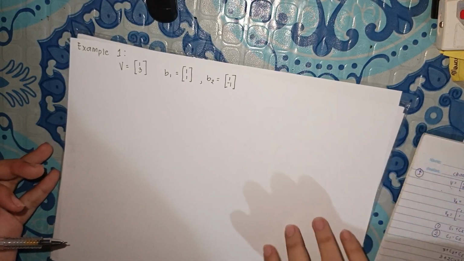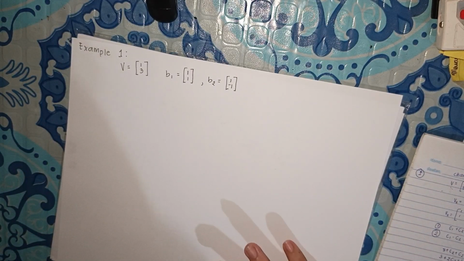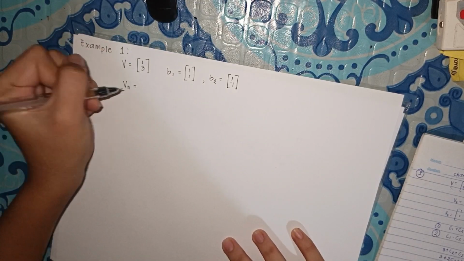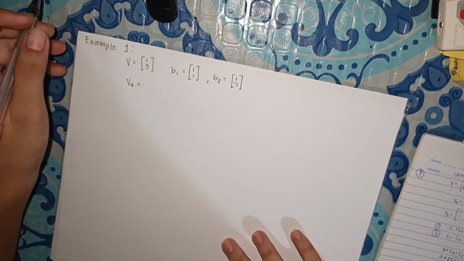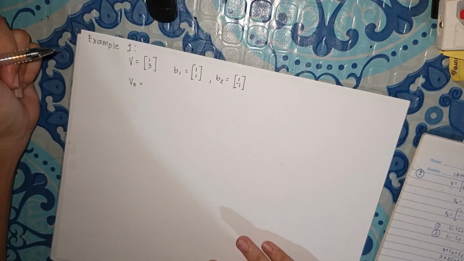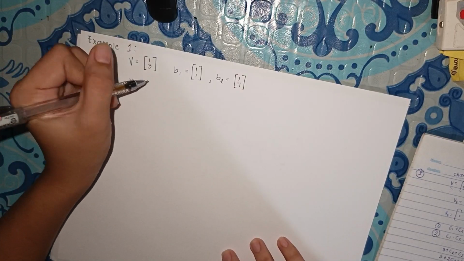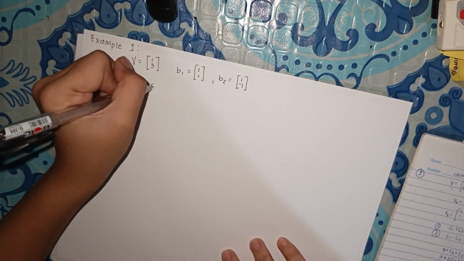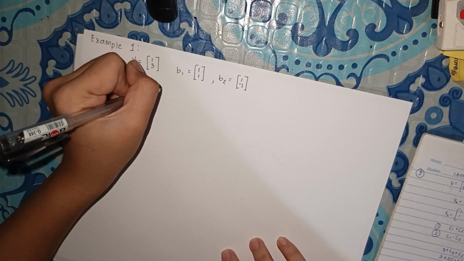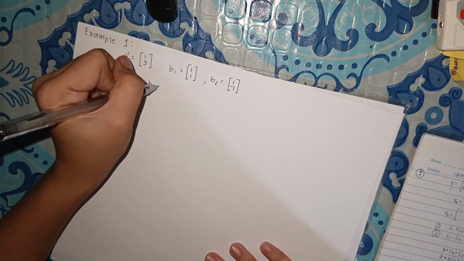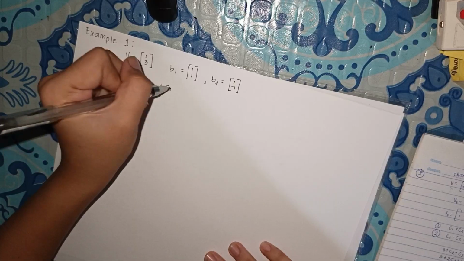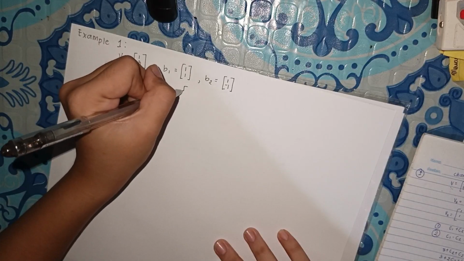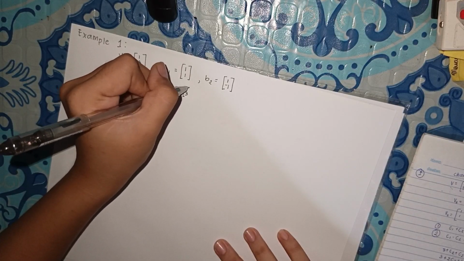Then, the first thing that we need to do to get the new vector is to combine basis 1 and basis 2. So, C sub 1 times B sub 1 plus C sub 2 times B sub 2 is equal to the vector (1, 3).